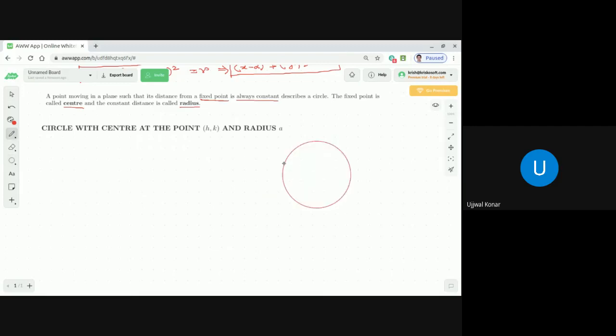Suppose it is centered at C, and its center is at the point h comma k, having radius a units, that means this is a. Then what is the equation? The equation of such a circle is x minus h whole square plus y minus k whole square is equal to a square. This is the equation of the circle.